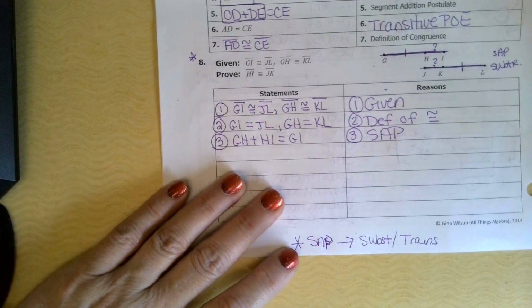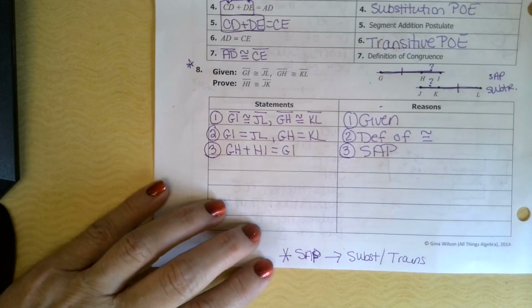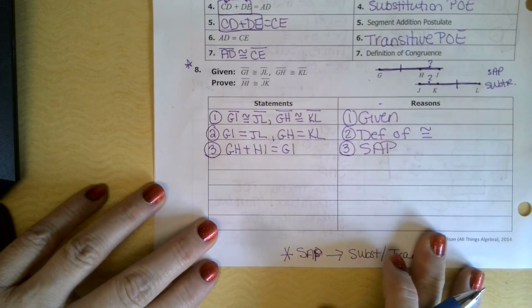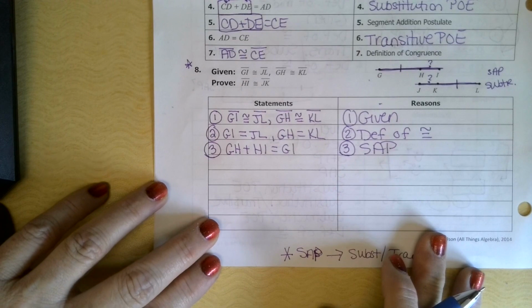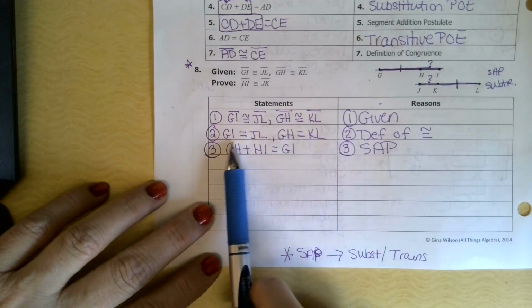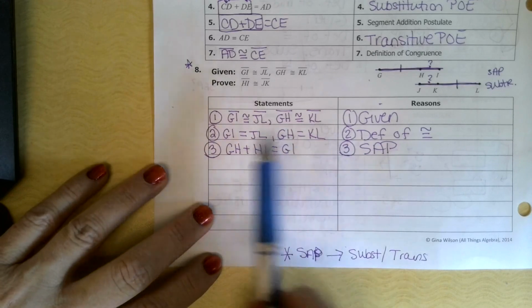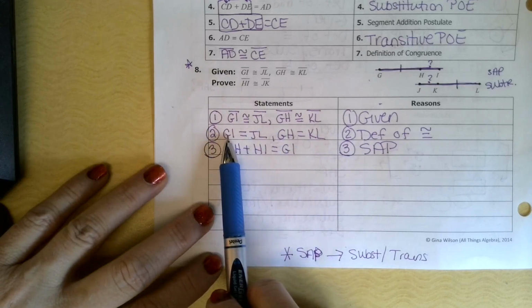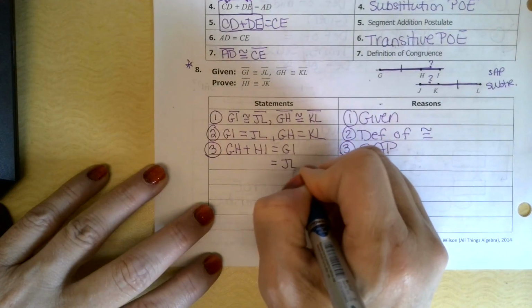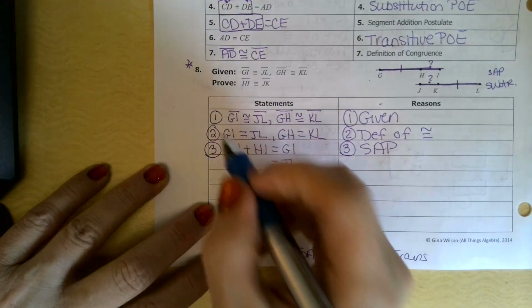So I need to see, based on that little tip that I'm giving you, if there's something that I can substitute in here. So we have all of these. Let's just replace what we have in here. So GI is going to turn into JL. GH is going to turn into KL.